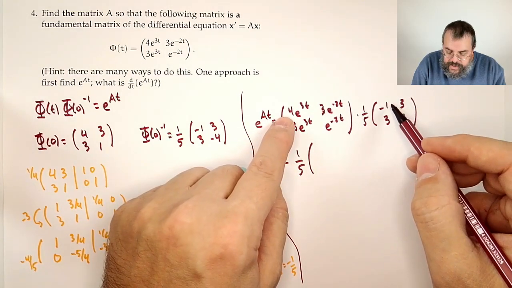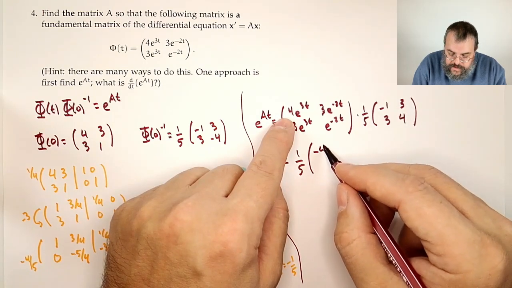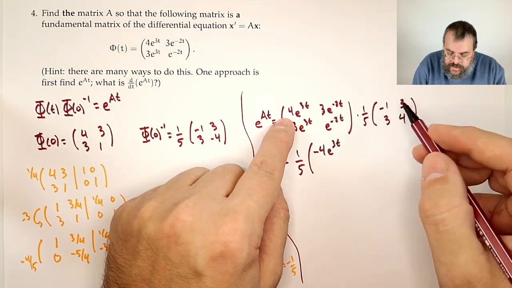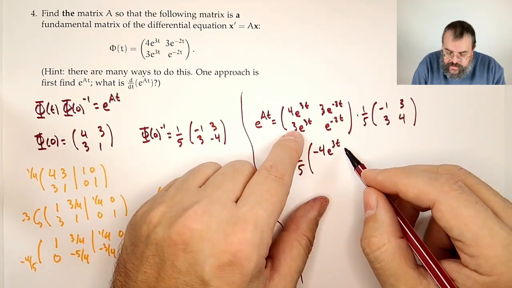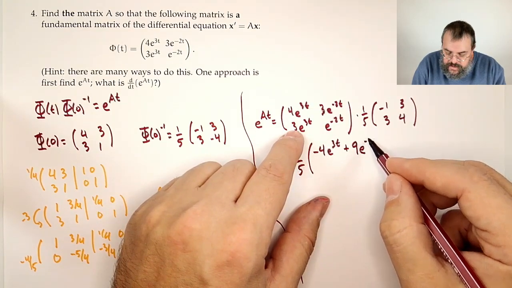1/5, then we're going to get minus 4 e to the 3t plus 9 e to the minus 2t.